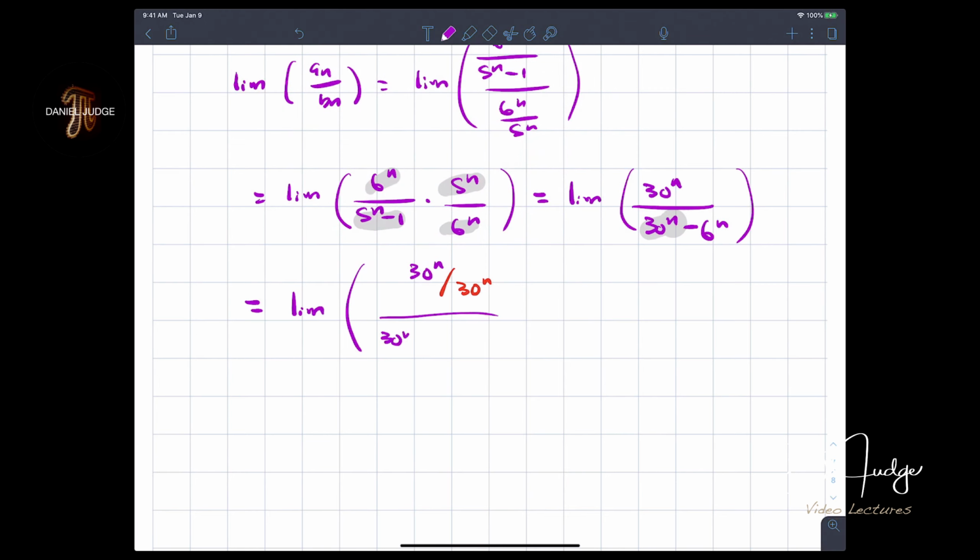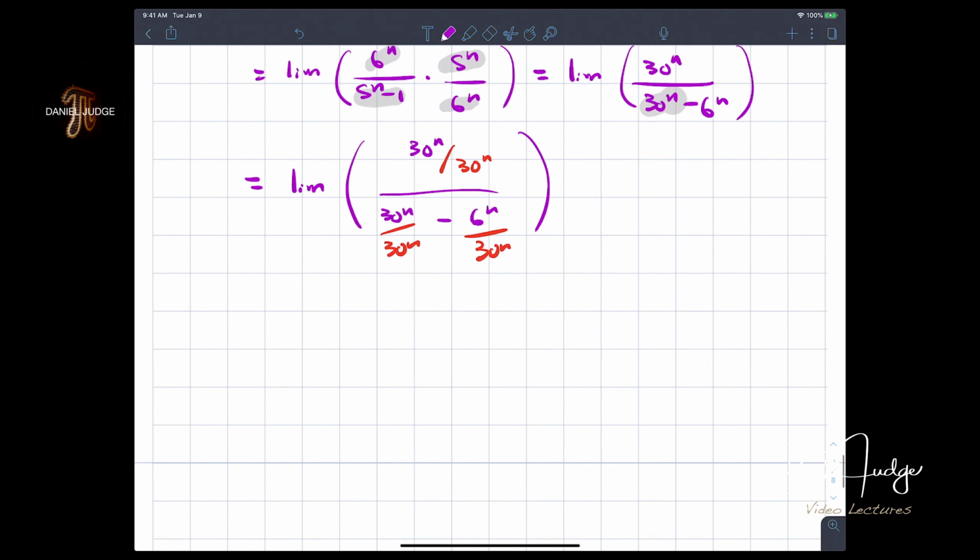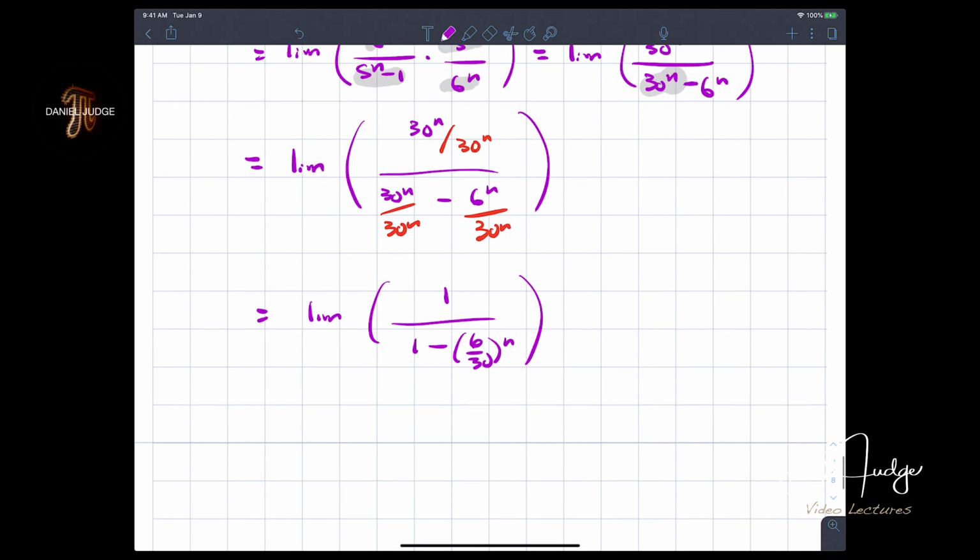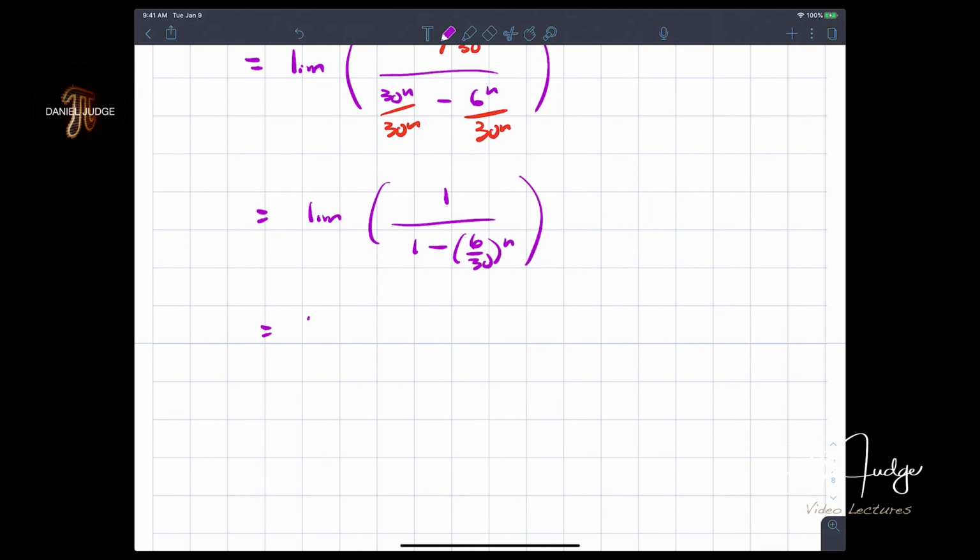You say, do I have 30 to the n minus 6 to the n, and you're going to get the following here. You're going to get the limit of 1 over 1 minus, and then you say, what is this term? Well, this will be 6 over 30 to the nth power. And you guys know 6 over 30 is 1/5. So that's the limit of 1 over 1 minus 1/5 to the n.